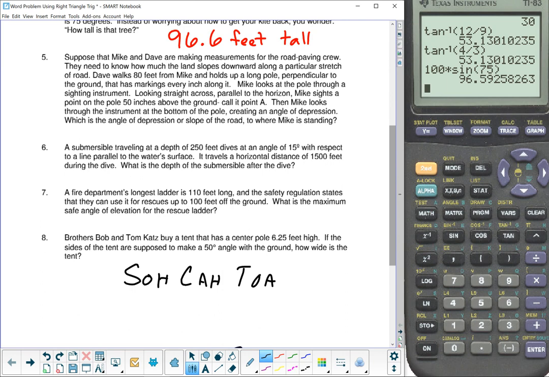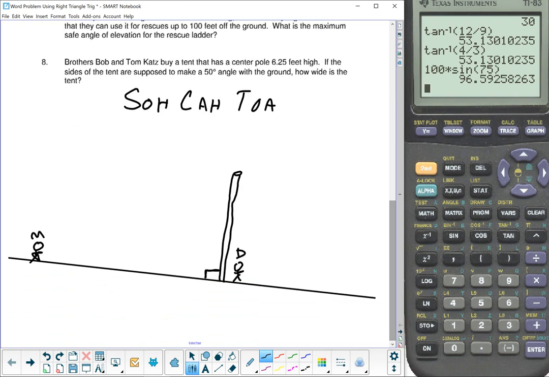Mike looks at the pole through a sighting instrument, looking straight across, parallel to the horizon. When you think about the horizon, like in a beautiful image or a painting, it's the landscape in the back, and the horizon is something perfectly horizontal.